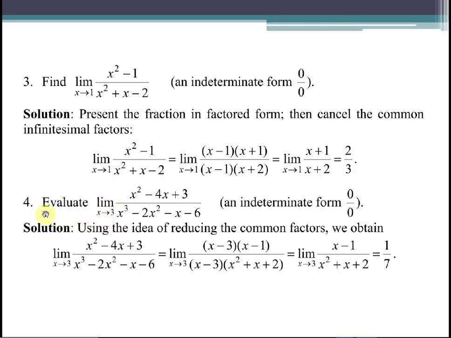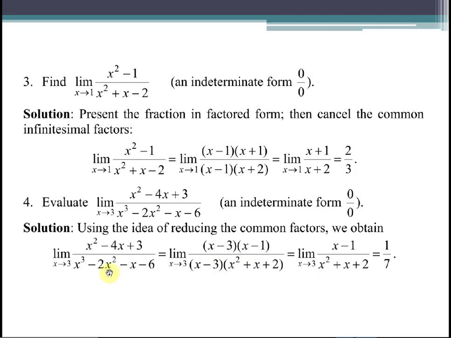Number 4. Evaluate the limit. Here we have again indeterminate form 0 over 0. If you put 3, we get 0 in the numerator and also 0 in the denominator. Again, using the idea of common factors, we factorize. The numerator gives x minus 3 and x minus 1.